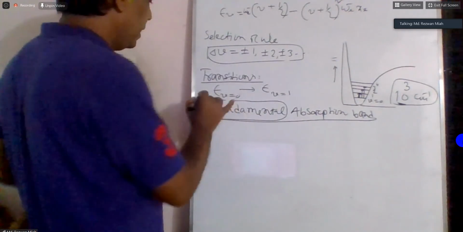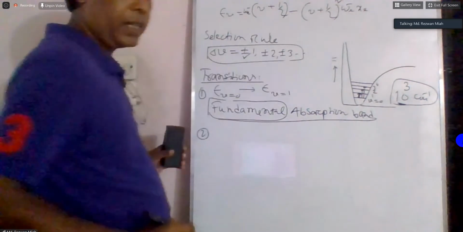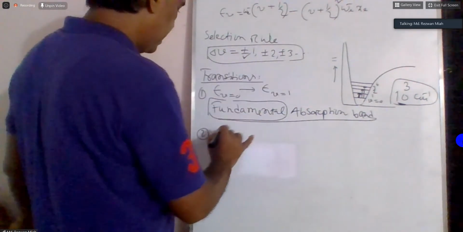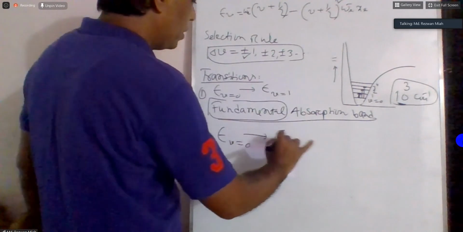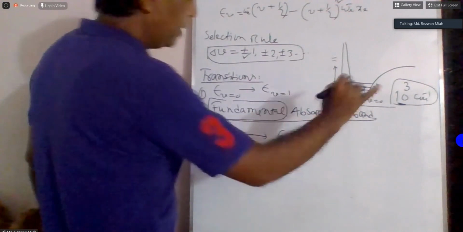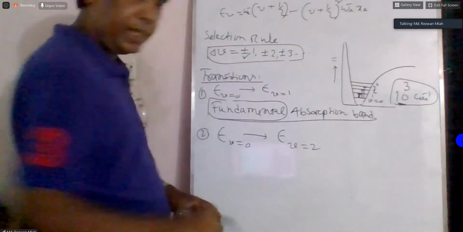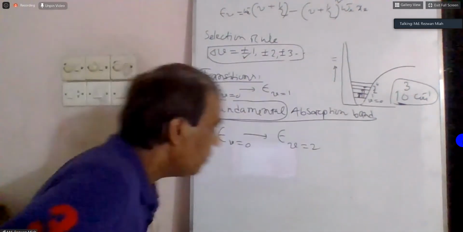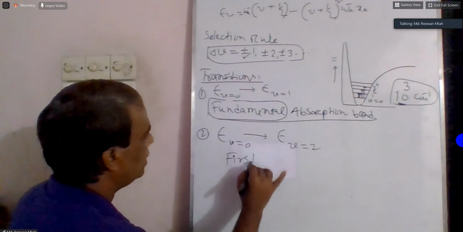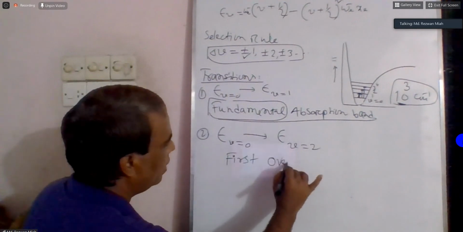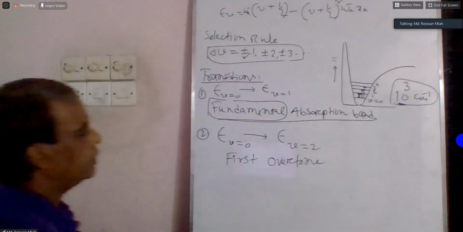Another transition, according to plus minus 2, is from mu equal to 0 to energy level 2. This transition also has a name: the first overtone. This is another band.